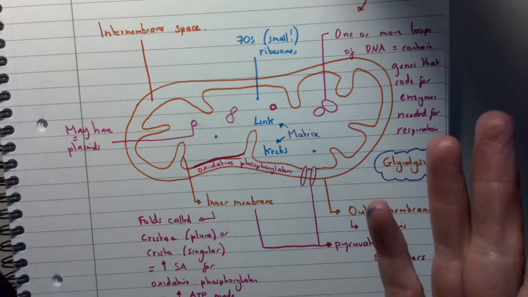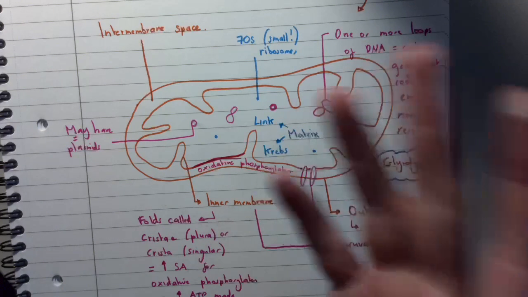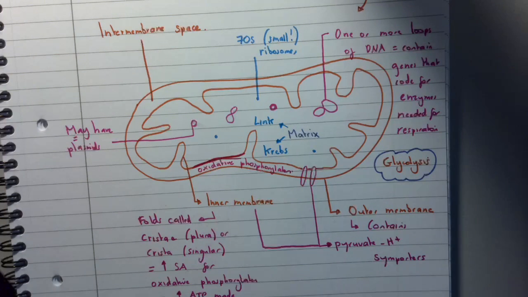In this situation, it was very good at releasing energy, and the cell thought, actually, you're quite useful. Instead of digesting you, I'm going to keep you. We think that mitochondria literally are what used to be prokaryotic cells. The same for chloroplasts. So the questions in the exam seem to be, can you outline the evidence that supports that theory?